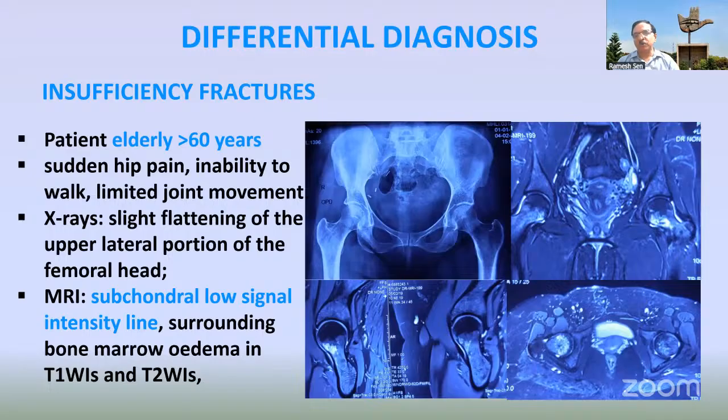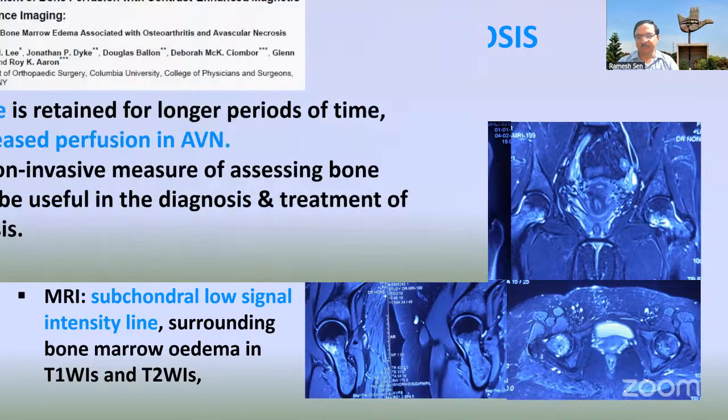Another is the so-called insufficiency fractures, which typically happen in a relatively elderly age group, and we can have similar kinds of changes, but distinct when you are really careful about reading the MRI pictures. Looking at the age, the clinical history and the imaging, we can differentiate that this is not AVN, it is an insufficiency fracture kind of situation.